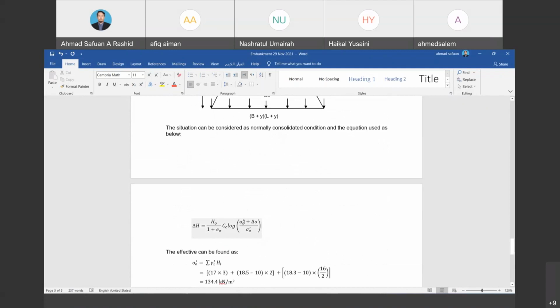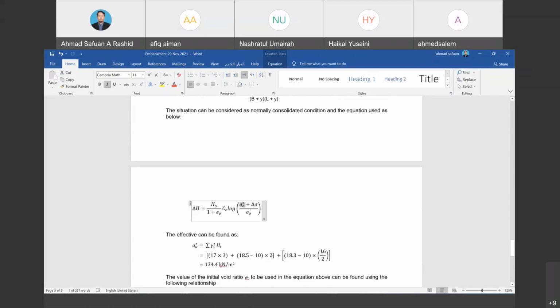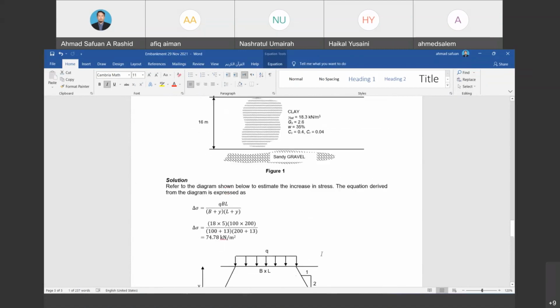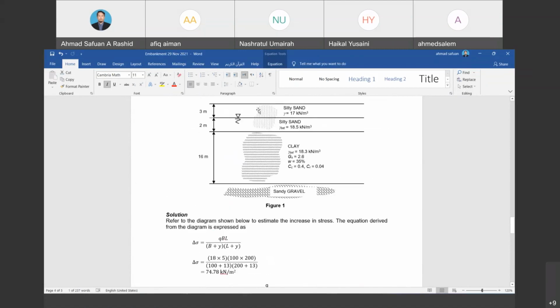Then we also need to calculate the effective vertical stress. This value is the unit weight of the silty sand multiplied with the height, and also the unit weight of the clay layer multiplied with the mid height. Why do we use the middle height?